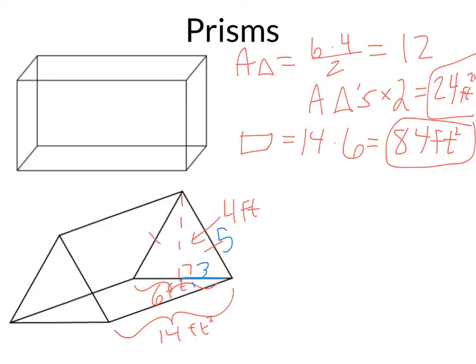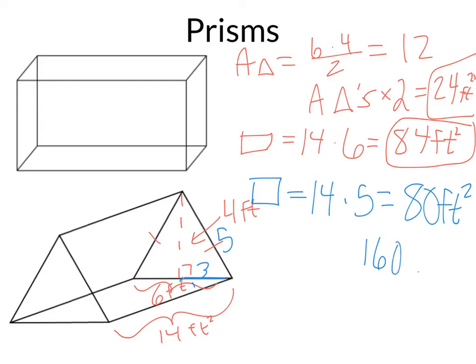So what I have for my other two rectangles is a 14 by 5, instead of by 6. So now what I have is an 80 square foot rectangle, and I've got two of those, so that's 160 feet squared for the other two.